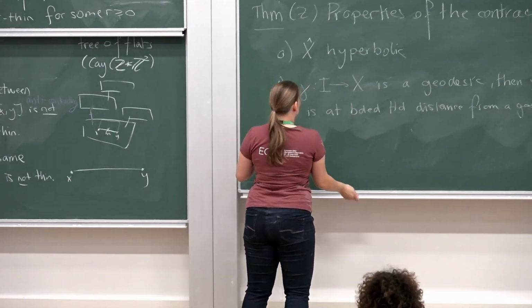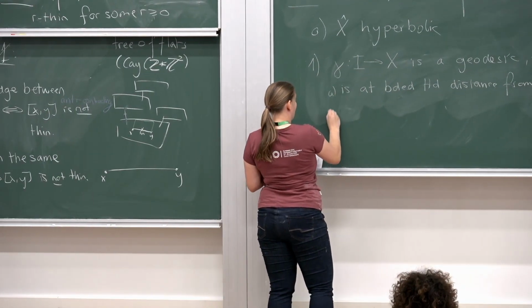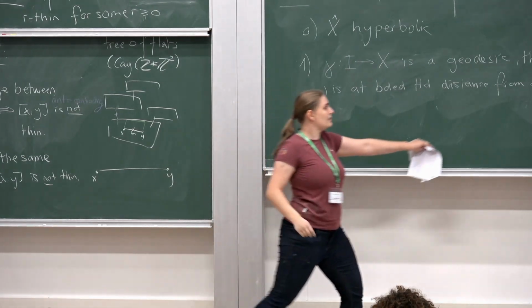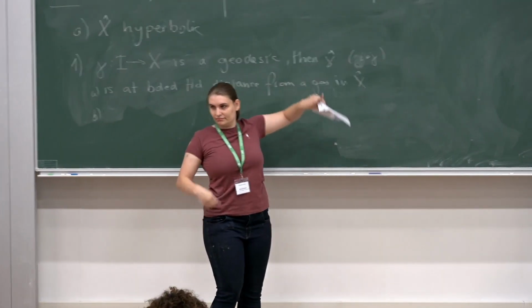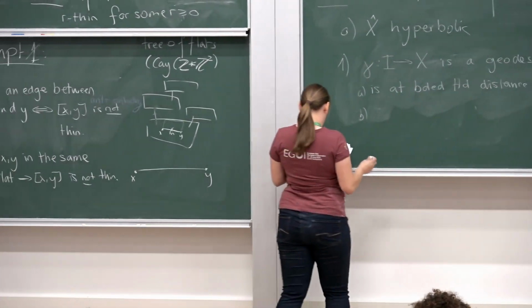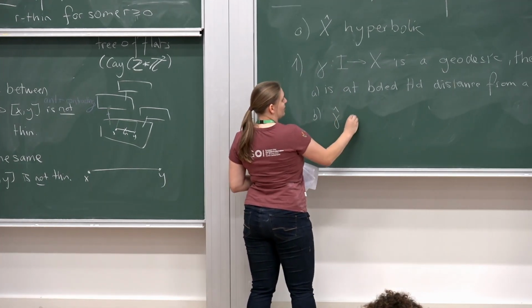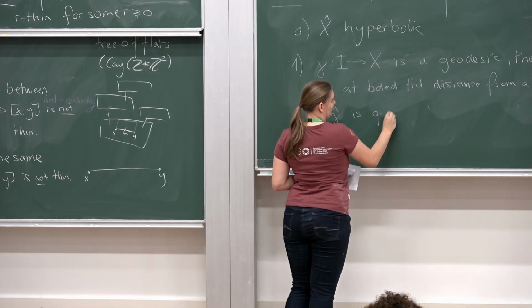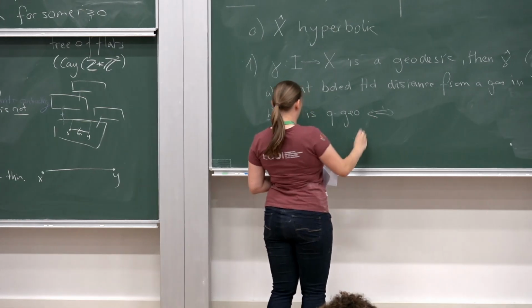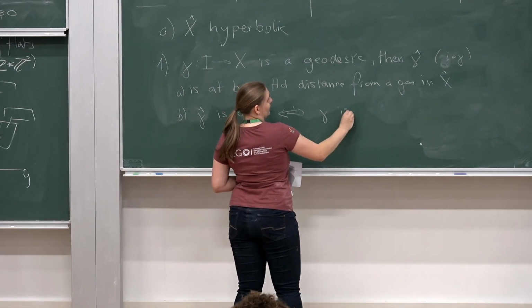And moreover, this is a parametrized path, and it is a quasi-geodesic if and only if gamma was strongly contracting.